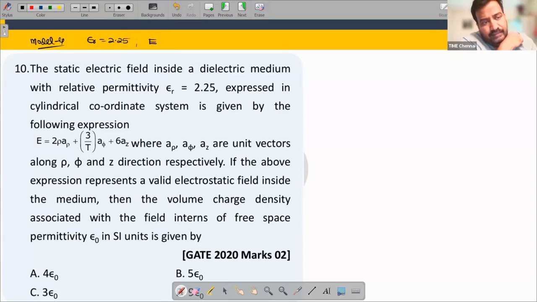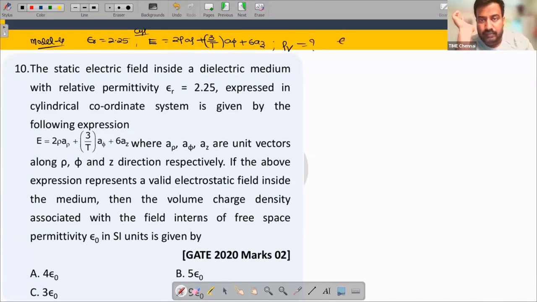E is given, expressed in cylindrical coordinates: 2 rho a rho plus 3 by phi a phi plus 6 az. If the above expression represents a valid electrostatic field inside the medium, then the volume charge density associated with the field is asked, so we need to find rho v.